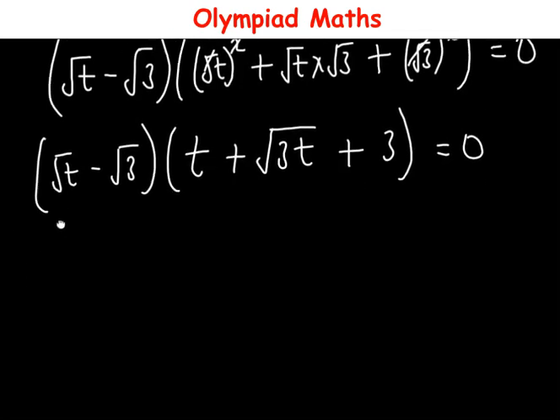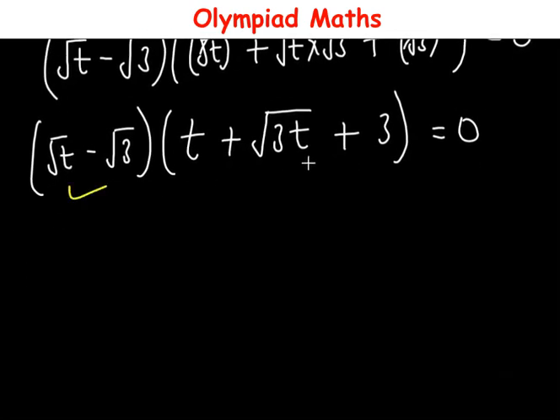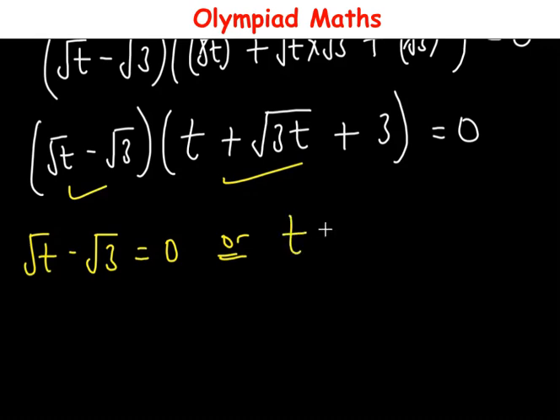Now from here, we can equate this to 0 or equate this to 0. So for the first one, root t minus root 3 is equal to 0, or second one, we have t plus root 3t plus 3 is equal to 0.